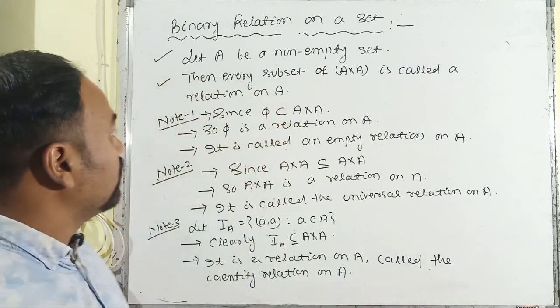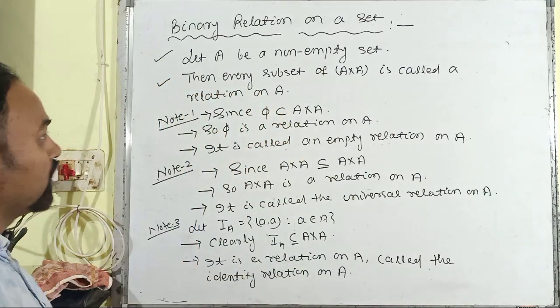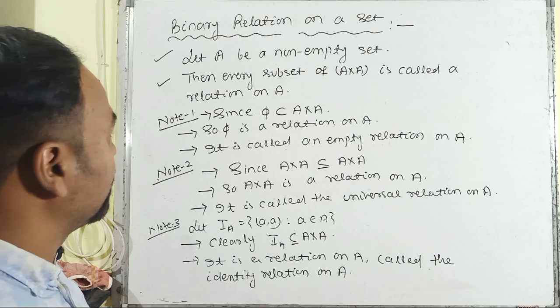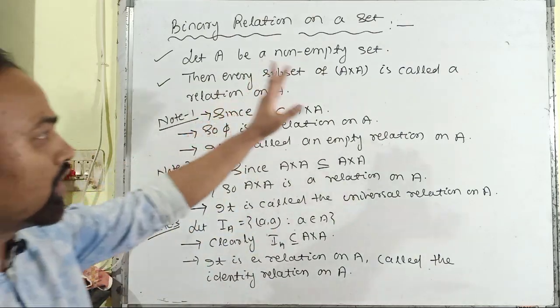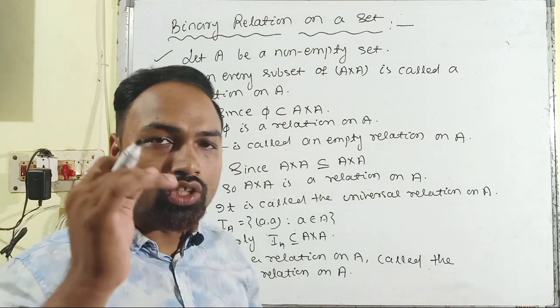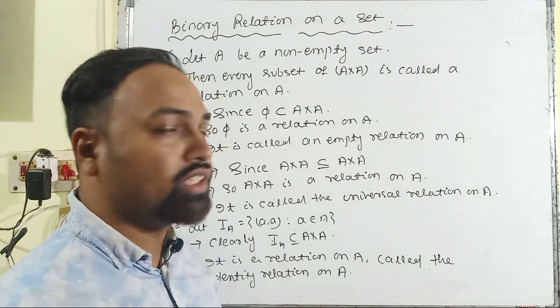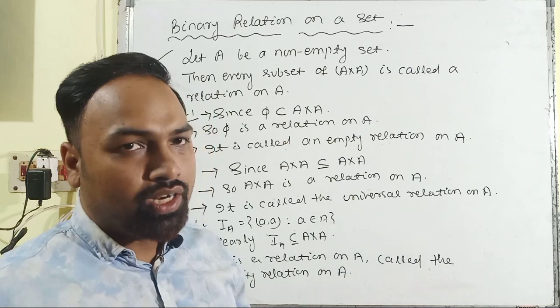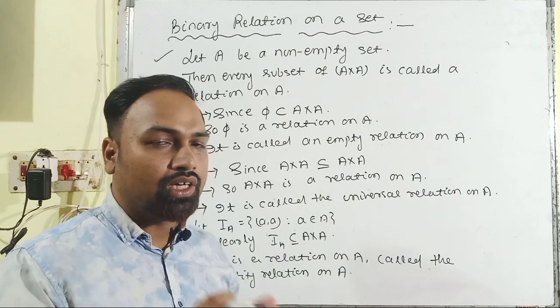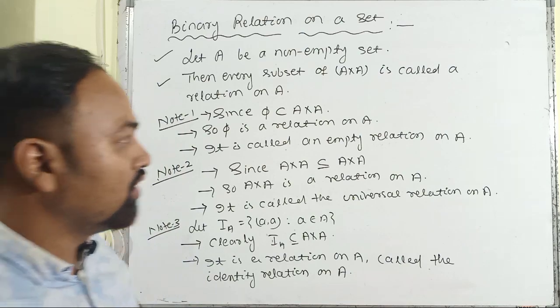So let us give a brief analysis on the binary relation on a set A. Let A be any non-empty set. Then every subset of A cross A is called a relation on the set A, because we have already discussed the very fundamental definition of relation in the chapter on Cartesian product, relation and function.